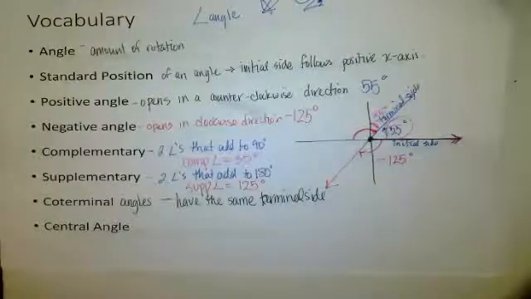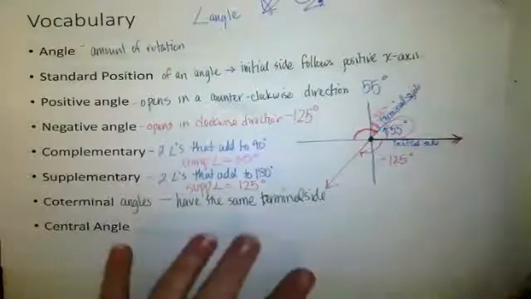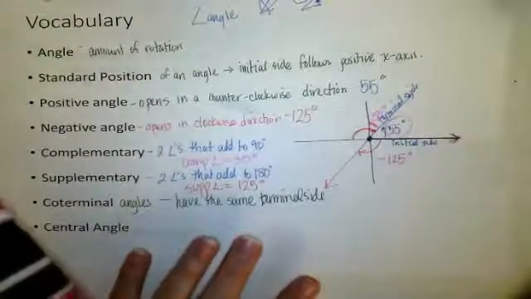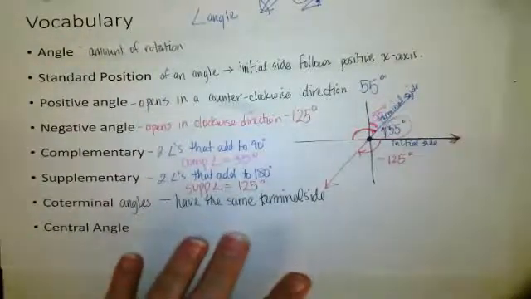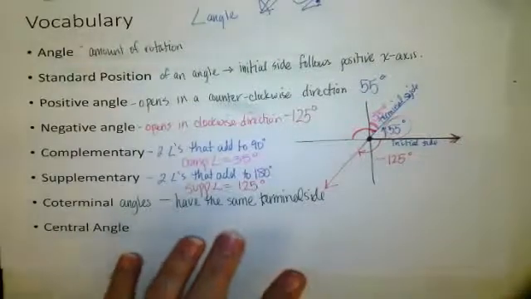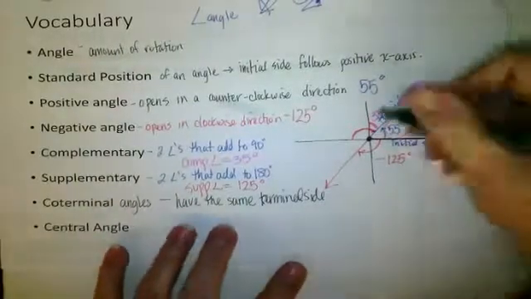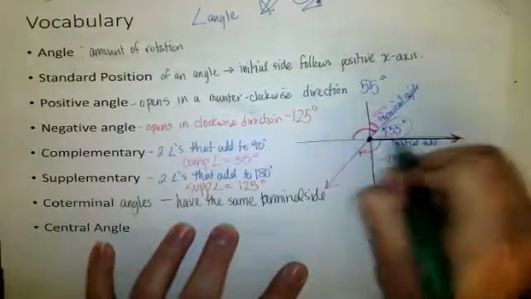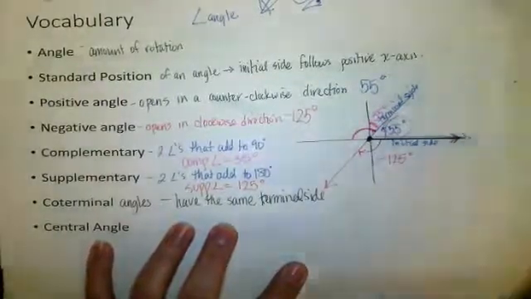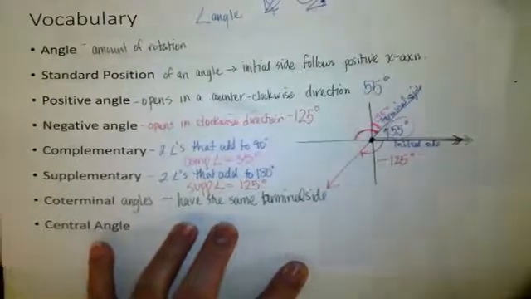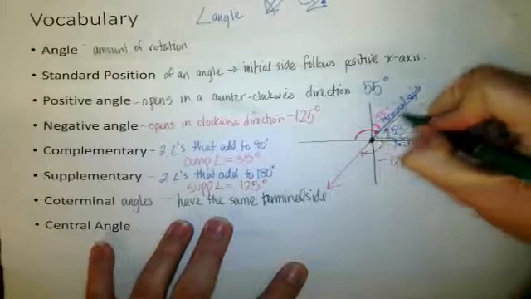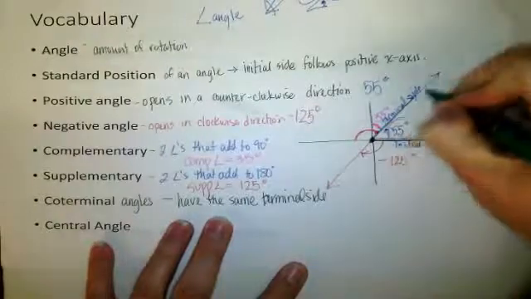They stop at the same place. Okay? So again, looking at this 55 degree angle, I want to figure out another angle that again starts on our initial side here, that positive x-axis, and it opens up and it terminates at this same place.